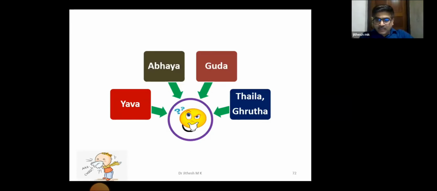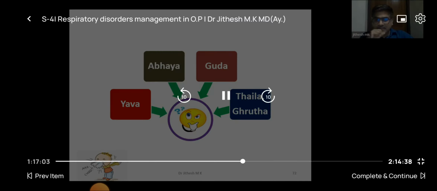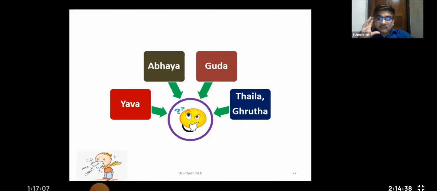Again, when we come to the properties of Yava, another indication is where we have to give this Abhaya. Swinna Sangrahini: Abhaya is added after boiling. In Bhavaprakasha, the Acharya explained: Charvita Vardhaya Techni, Peshita Malashodhani, Swinna Sangrahini.